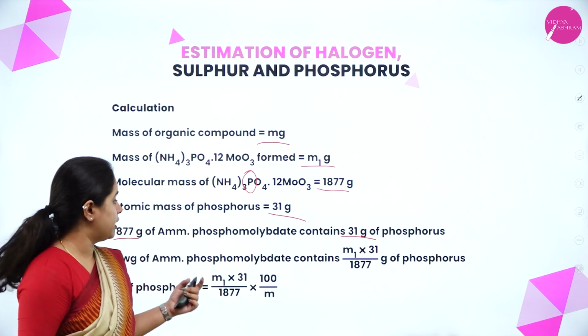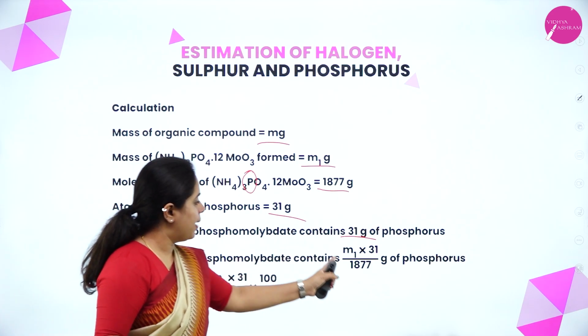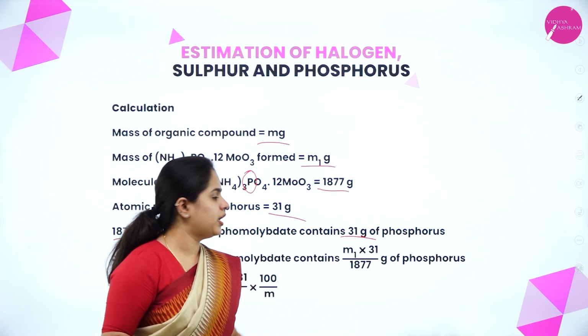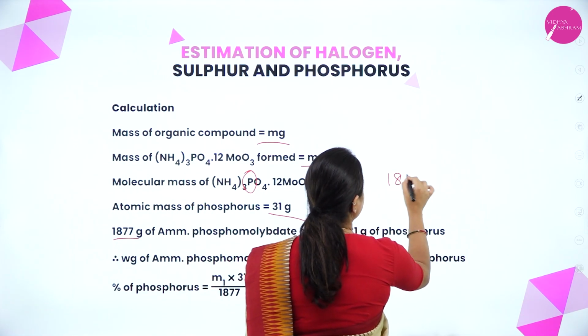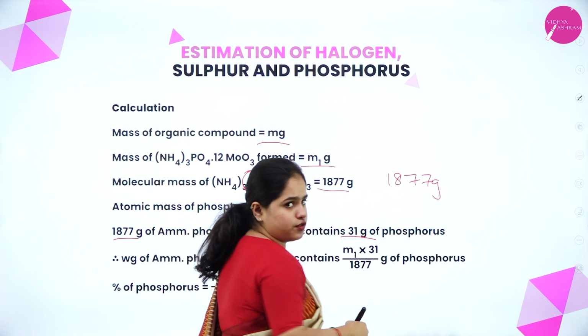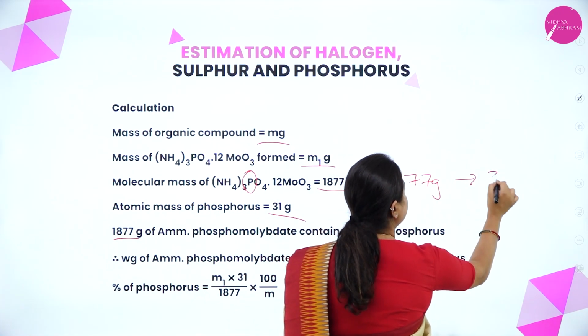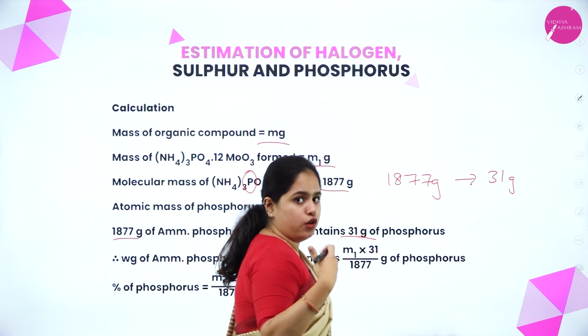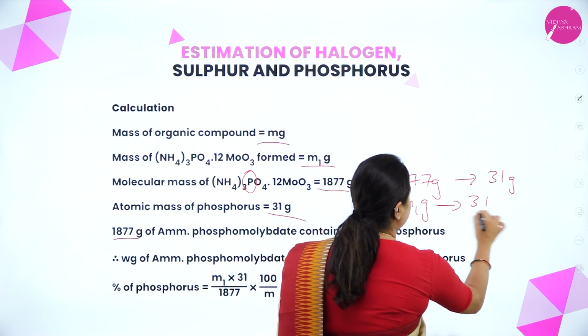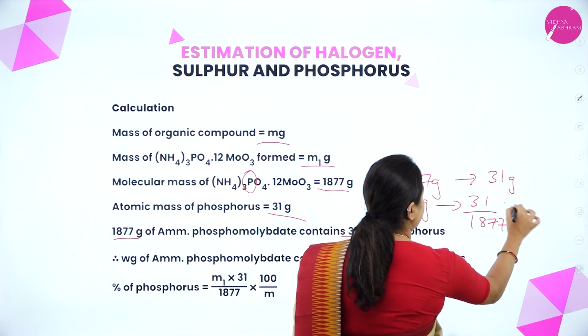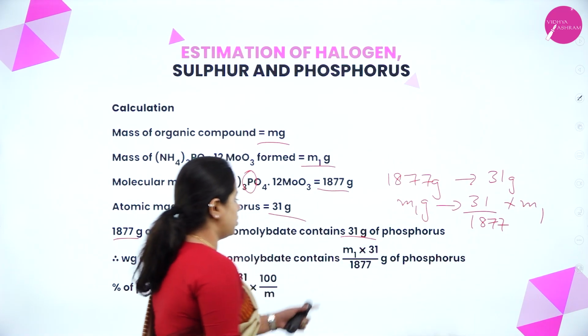Then M1 gram will contain how much? It will be M1 into 31 divided by 1877 gram. So that is what is shown here.